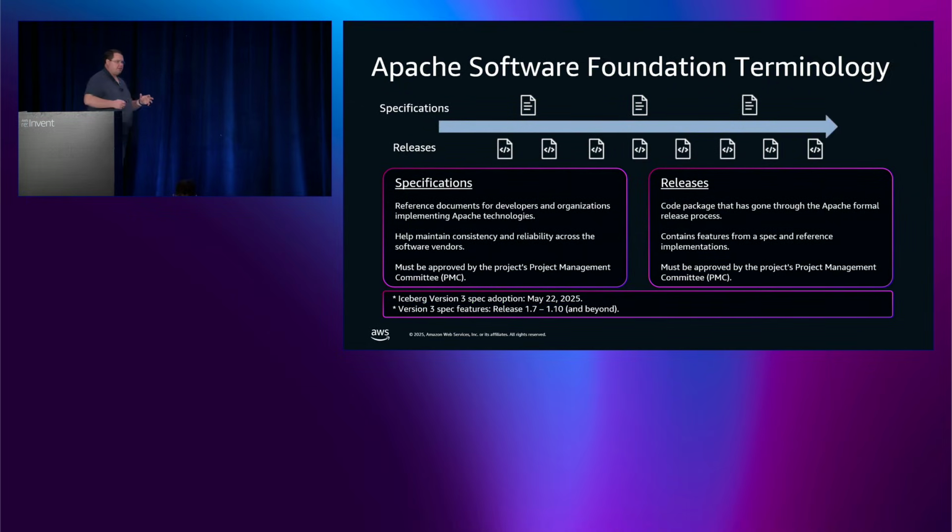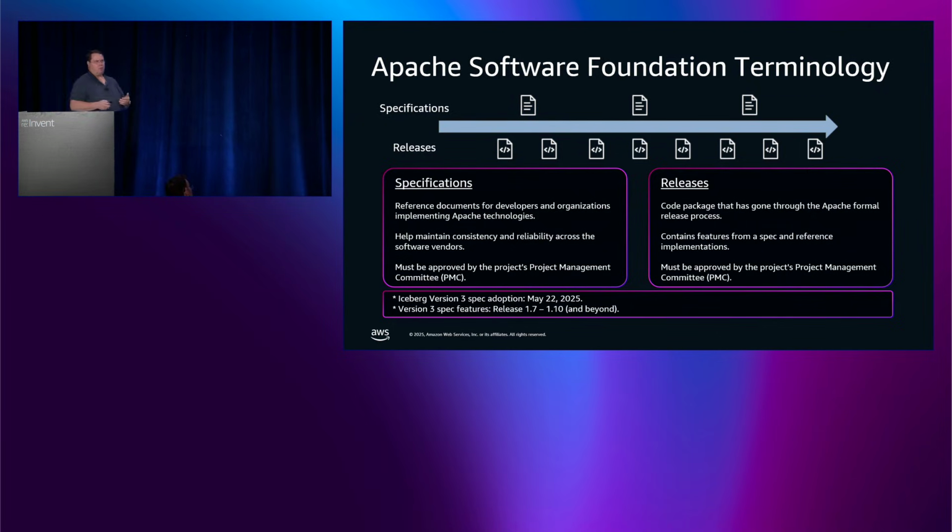With that foundation established, when it comes to Apache Software Foundation projects, there are a couple of terms, when we're talking about versions and what's new, that it's important to understand in terms of how things operate within the Apache Software Foundation. You have specifications. Those are basically documents. It's a contract that anybody working with Iceberg needs to adhere to in order to be spec compliant.